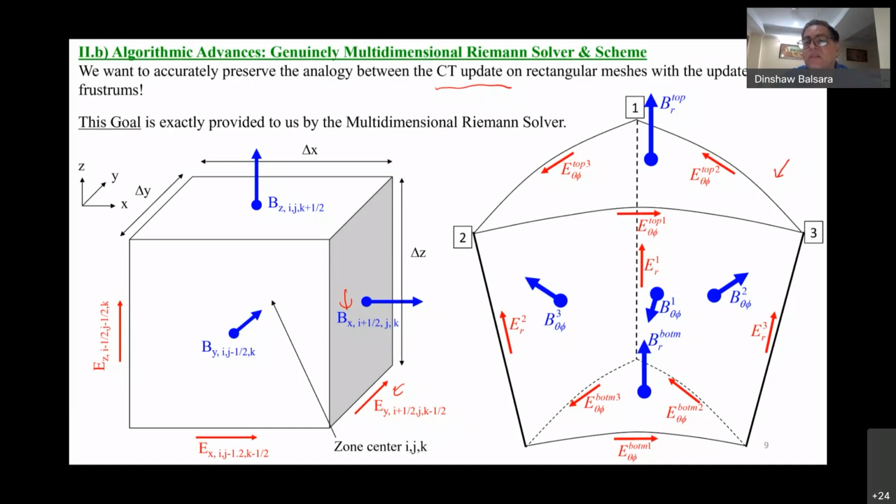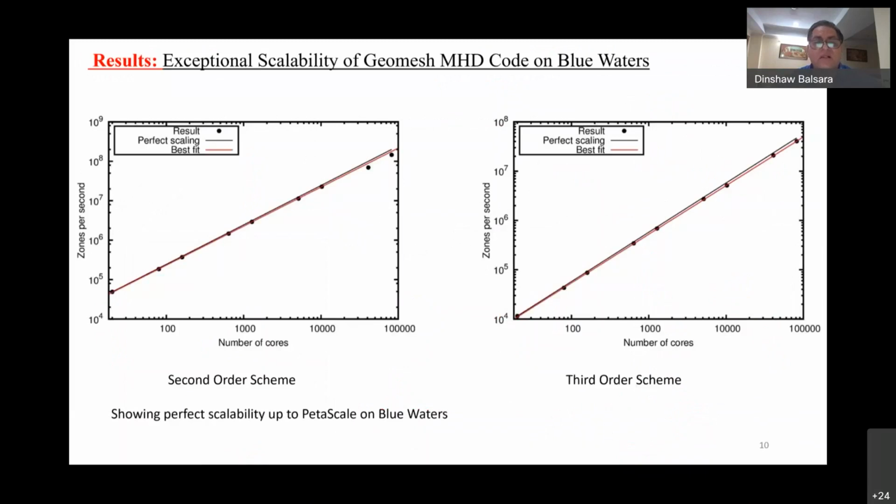It takes a little bit of doing, but it can be done. That allows us to have the best of the best numerical MHD methods on a spherical mesh. And the result is seen out here, where even for up to 100,000 processors, we can achieve perfect scaling with our simulation codes.